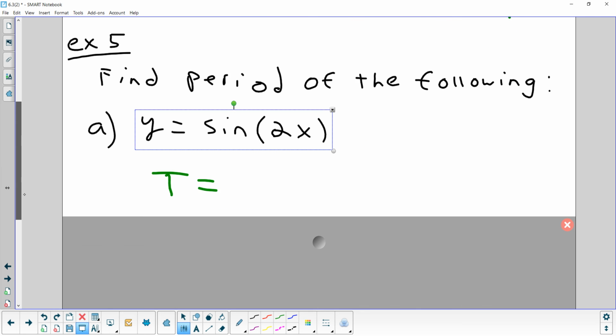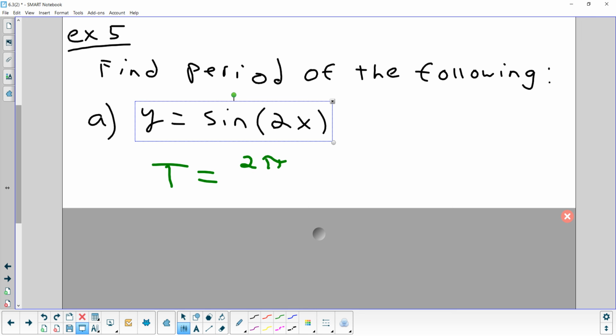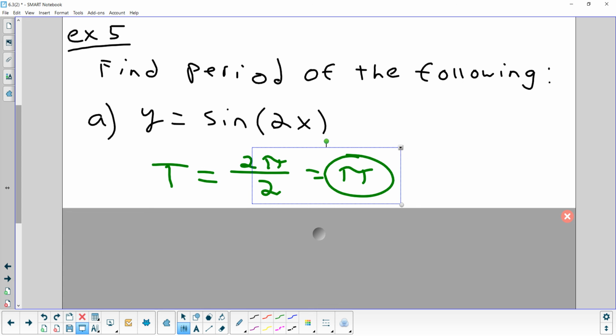So the formula for the period is 2 pi divided by what in this case? 2. So the new length of the period is now pi. If you want to think about it in degrees, we used to have to travel 360 degrees on the x-axis to get a full cycle. Now you only have to travel half that to get a full cycle, 180 degrees.